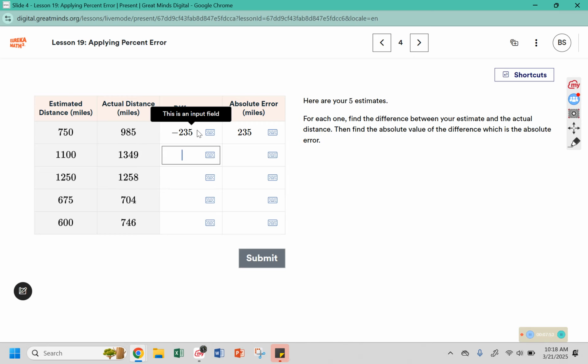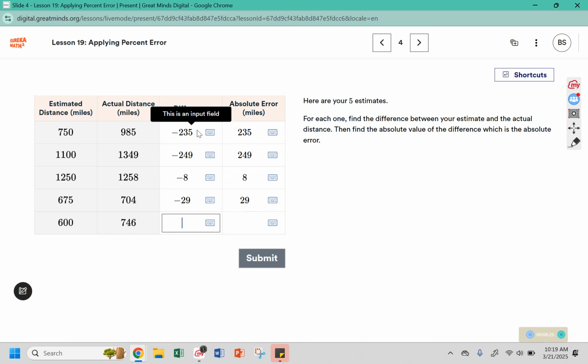1,100 minus 1,349 is negative 249 with an absolute value of 249. 1,250 minus 1,258 is negative 8, and that has an absolute value of 8. 675 minus 704 is negative 29 with an absolute value of 29.